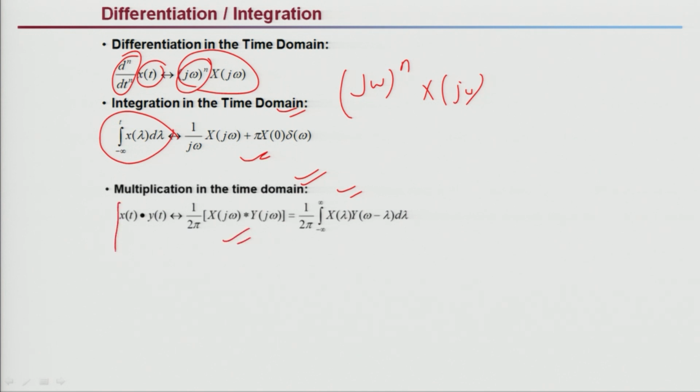What you have to remember here is that multiplication in the time domain is equivalent to convolution by 2 pi in the frequency domain. Similarly, convolution in the time domain is equivalent to multiplication in the frequency domain.